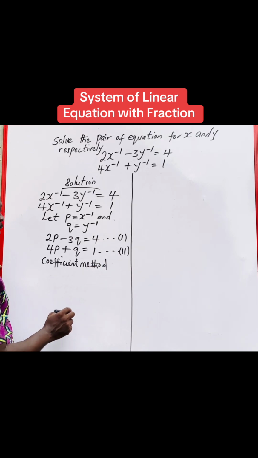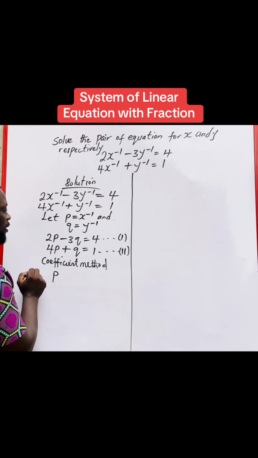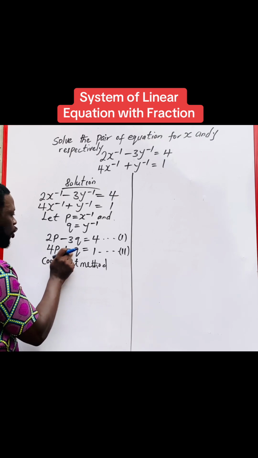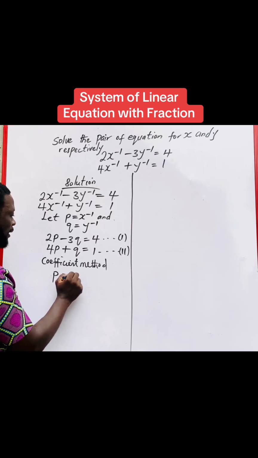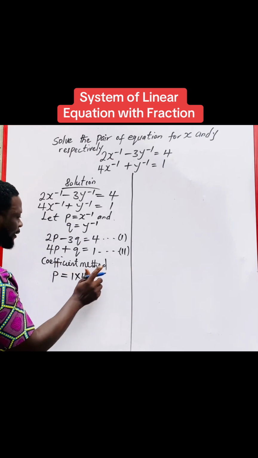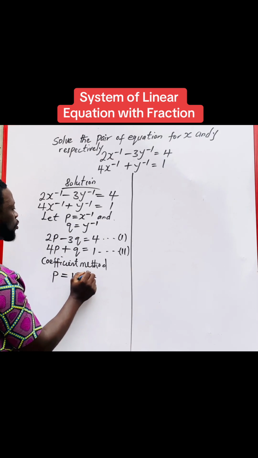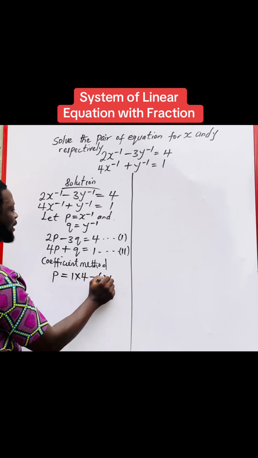So what we'll do now quickly is this. Next to this, you have to get your p, say p is equal to the coefficient of this times 4. So you have 1 times 4, then minus 3 times 1.